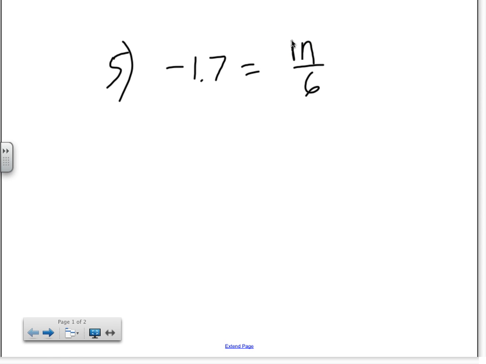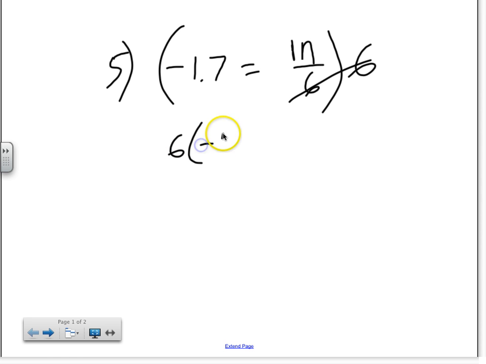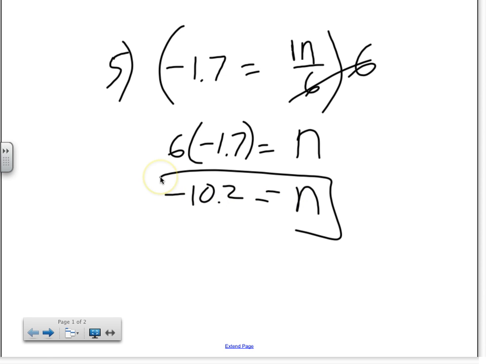Right? How do I clear fractions? Which is? 6. So that means I multiply both sides by 6. The 6 here will cancel, right? We're done. And then over here, it's 6 times -1.7 equals 1n. And so, n is already by itself. 6 times -1.7 is going to give you -10.2. Done.